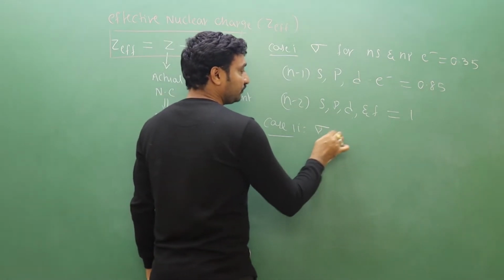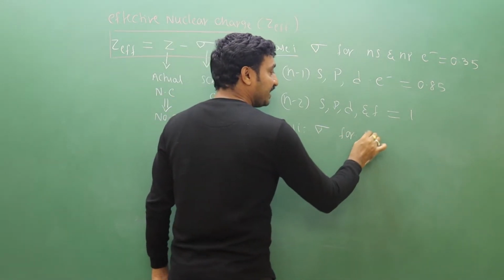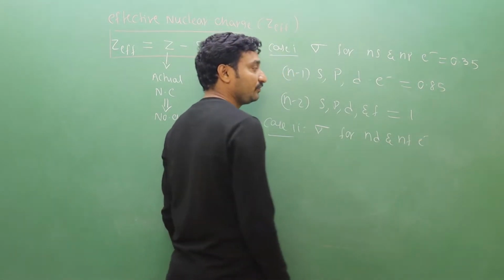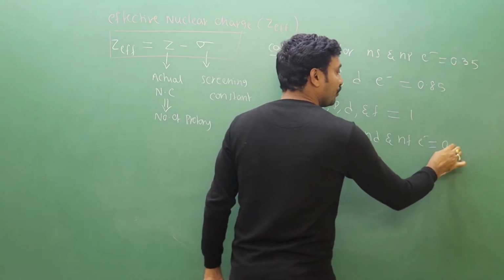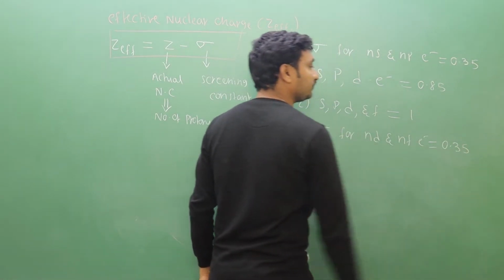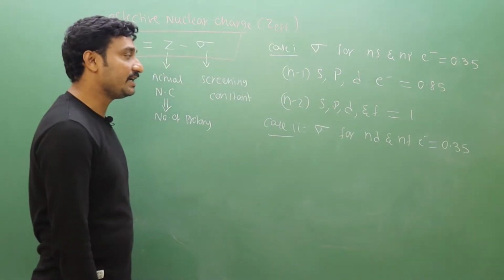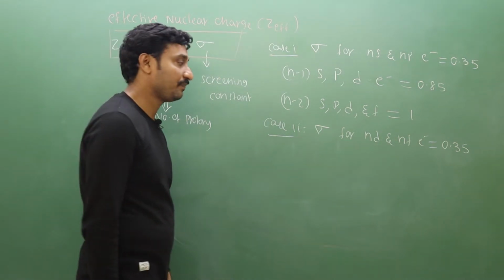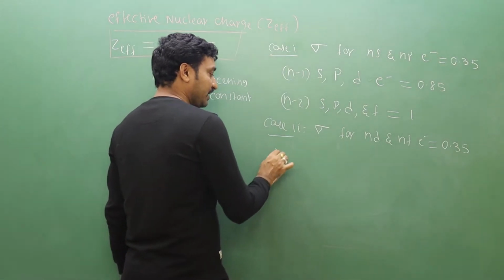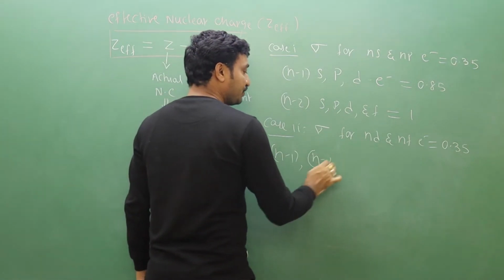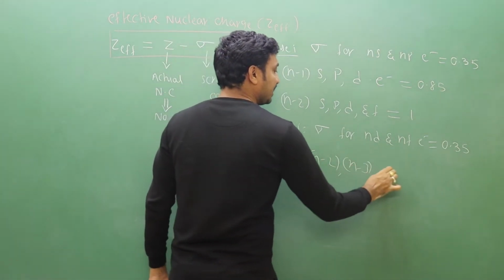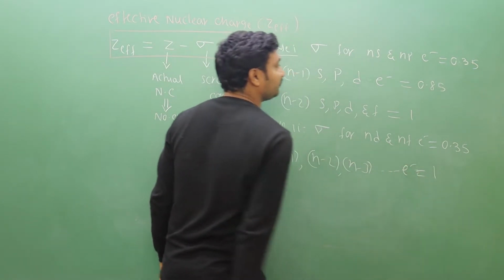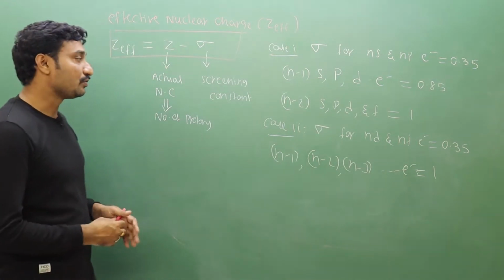Next, case 2: sigma for nd and nf electrons is 0.35. For the remaining n minus 1, n minus 2, n minus 3 shells, the value is 1. So here there are two cases.